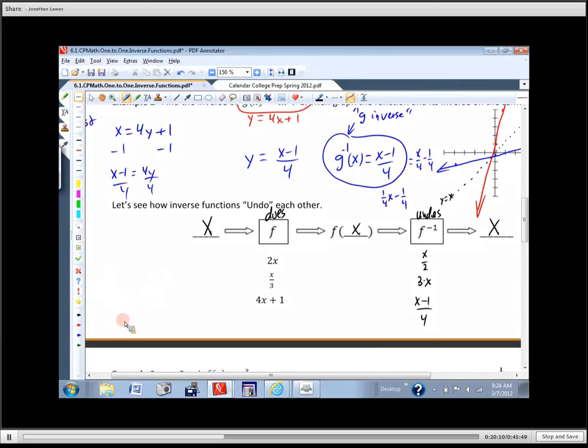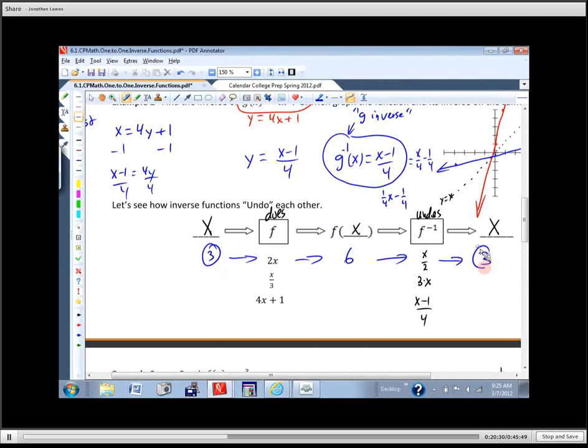So let's look at some numbers. Let's say we plug in a 3. Plug it into 2x. What comes out? A 6. Let's plug that in here. What's 6 over 2? 3. Start with 3, end up with 3.